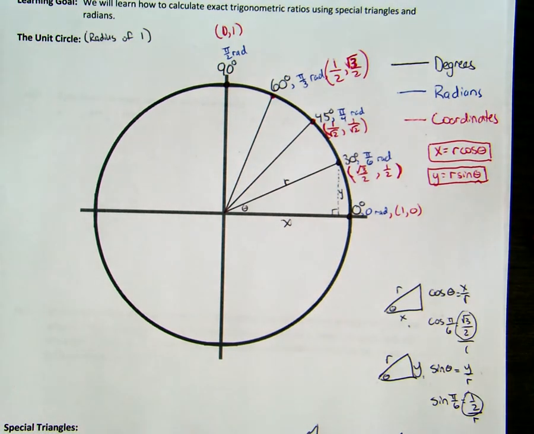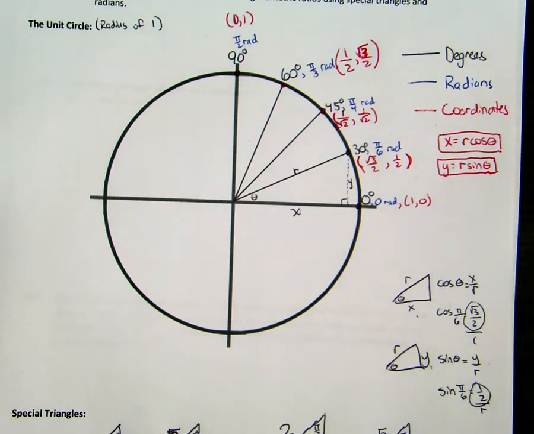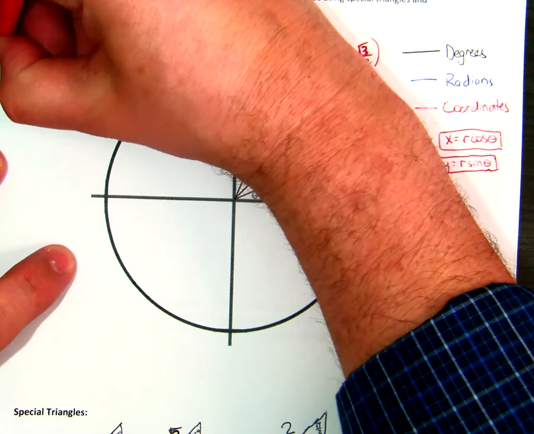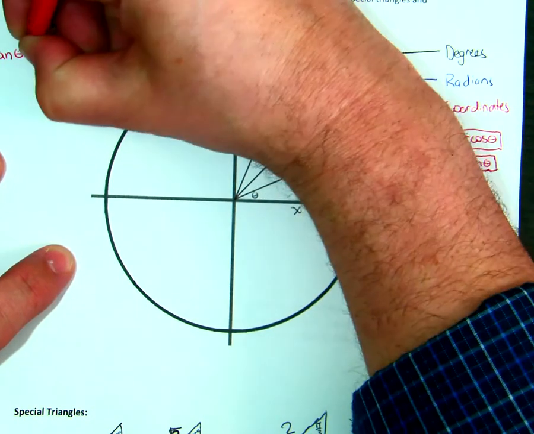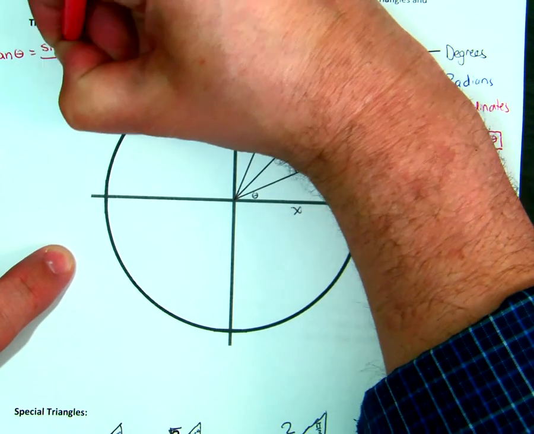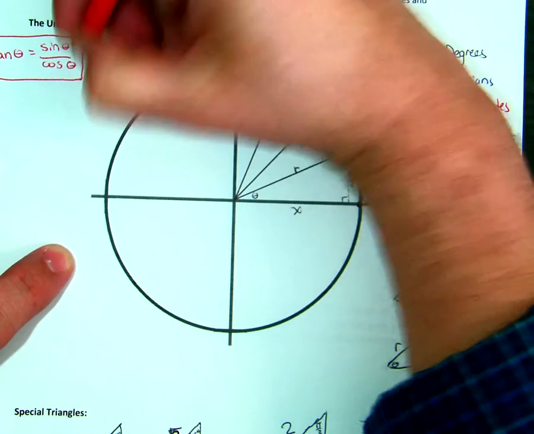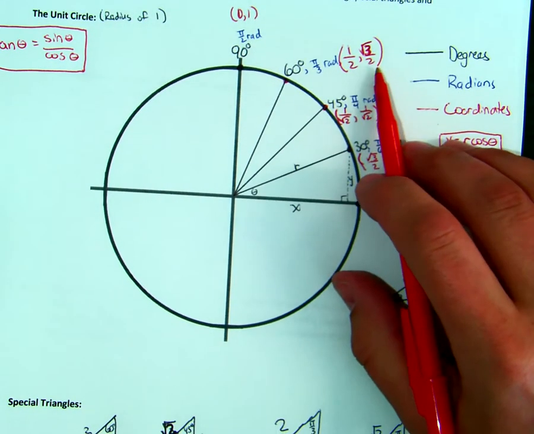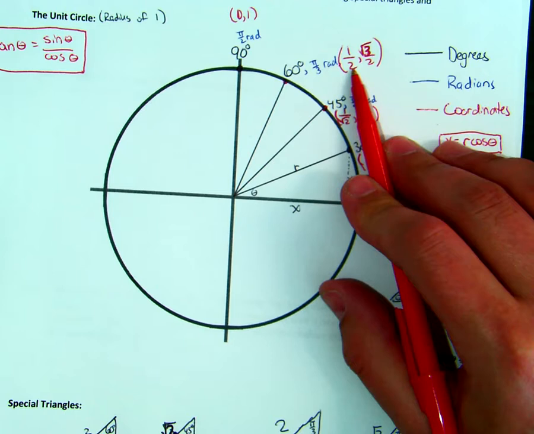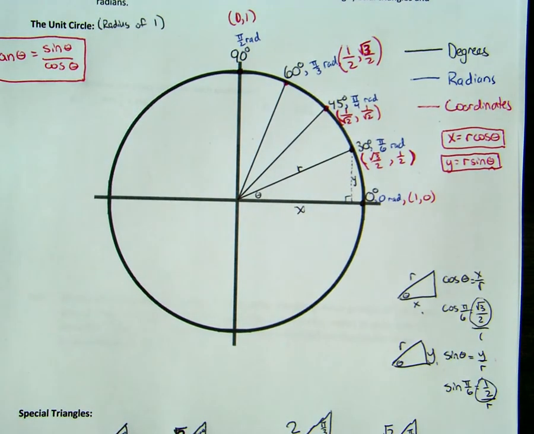Tan theta is equal to sine theta over cos theta. So the tan values would be a positive over a positive, which would be positive, so the tan values would also be positive in the first quadrant. Okay, so that's the first quadrant.